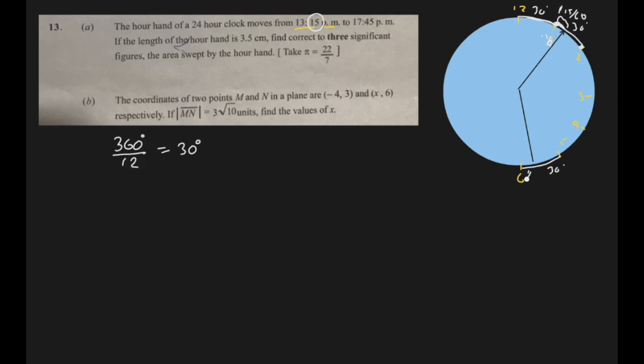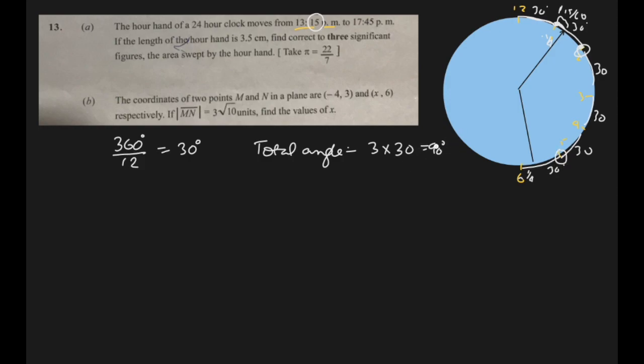This is 1/4 before 6, correct? So this is complete 30, this is complete 30, this is 30. So 30 times 3. I'm measuring the total angle. So we got 3 times 30. Yeah, this is 90 degrees from 2 till 5.